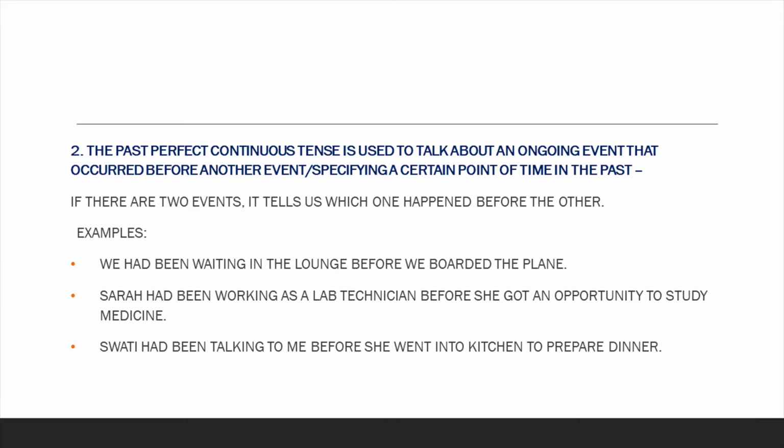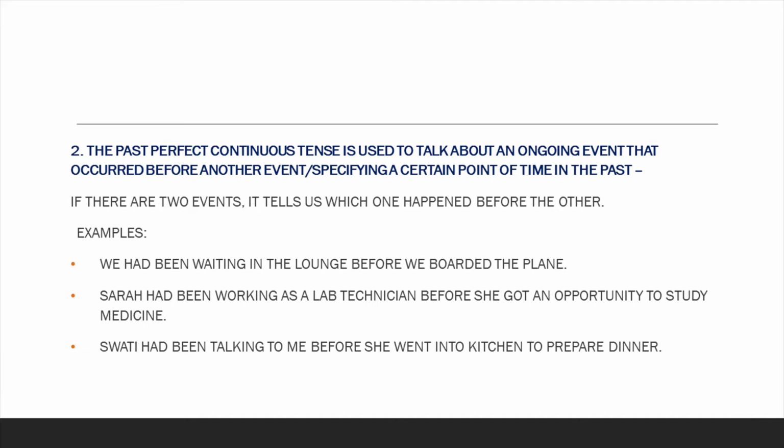So you use the same tense but for different functions, right? When you have two events, using the past perfect continuous, you can clearly tell which happened before the other. This is very useful in narrating a sequence of events or happenings.